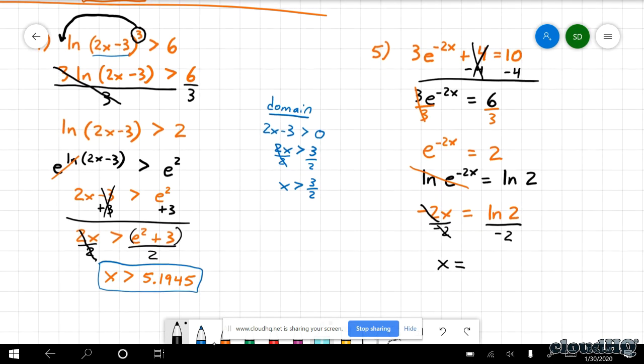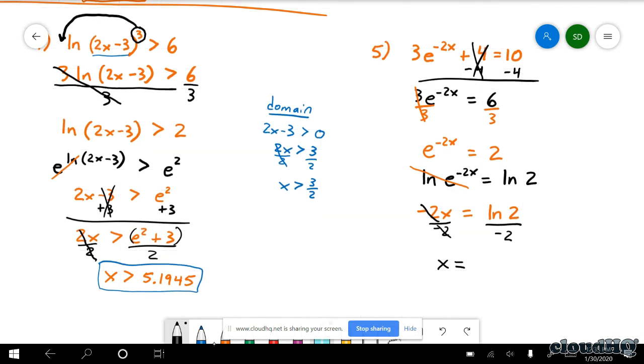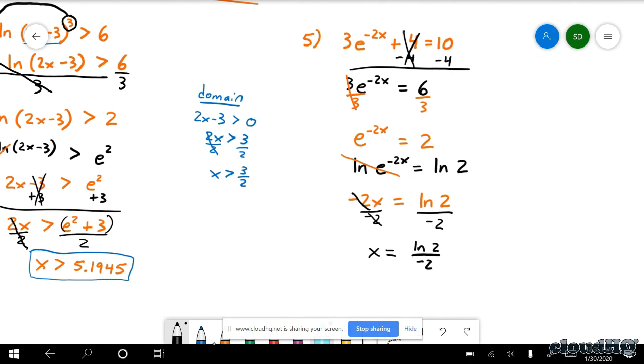No, the top one's in an ln. That's not really 2. It's the natural log of 2 divided by negative 2. Plug this into the calculator. More or less, we get about negative 0.3466.